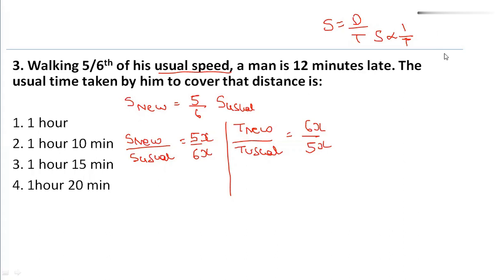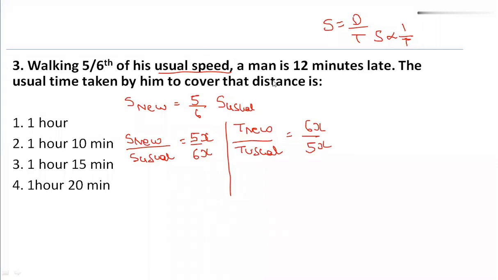But he used only 5 parts of his speed. If he is using only 5 parts of his speed, can I say that he is decreasing his speed? Yes or no, guys? Obviously, he is decreasing his speed while going to the particular destination.